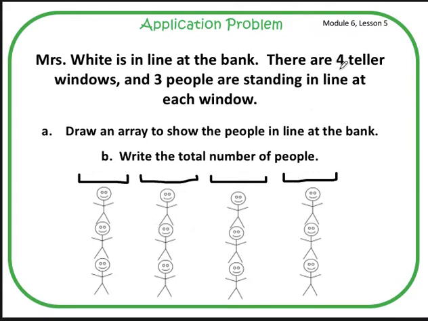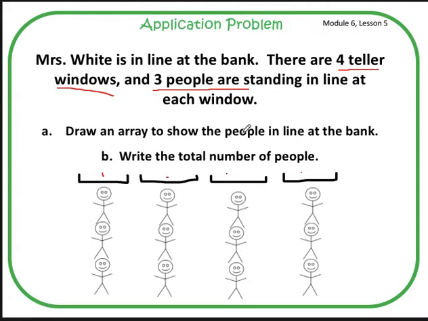So I know there are 4 teller windows. So I drew 1, 2, 3, 4. And then my next piece of information is there are 3 people standing in line at each window.